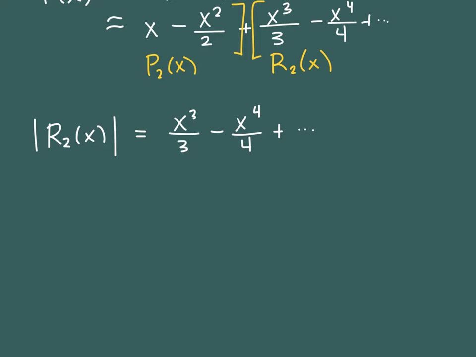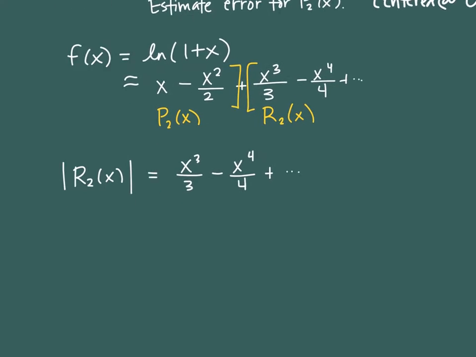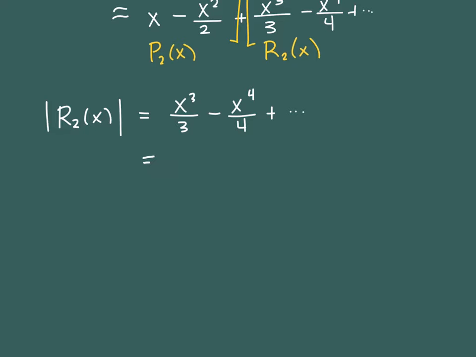Okay, we could factor out an x to the third, but that's not going to help me. I'm not going to end up with the same thing I started with. So I could try it. I could factor out an x cubed. That's going to leave me with 1/3 minus 1/4 of x, which is not the same as what I started with in terms of my polynomial. So then what do? Here's where the idea of maximum comes in.